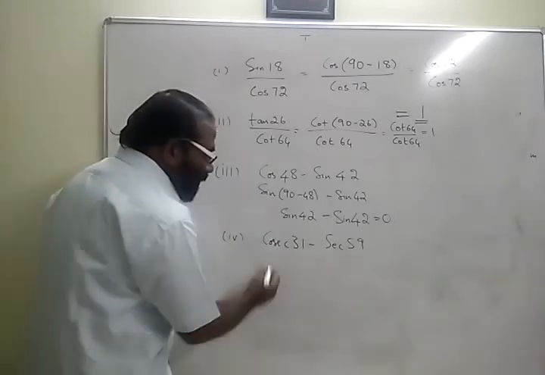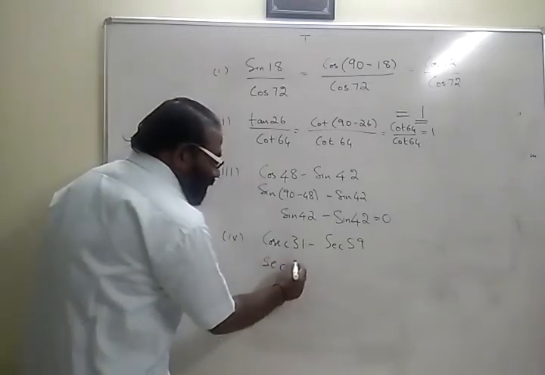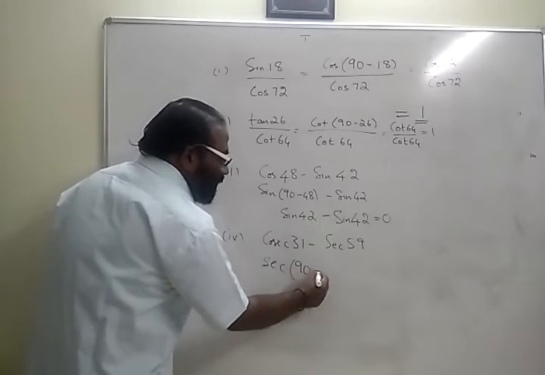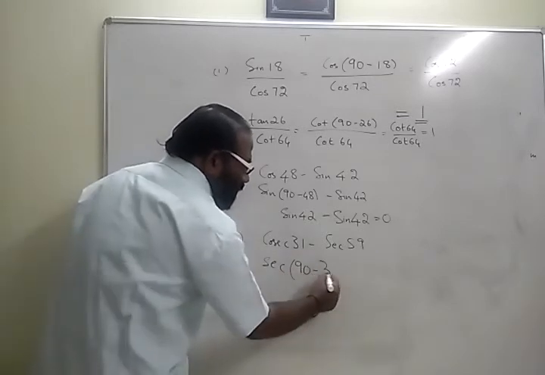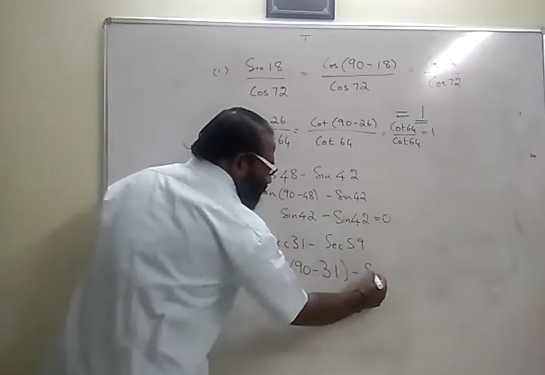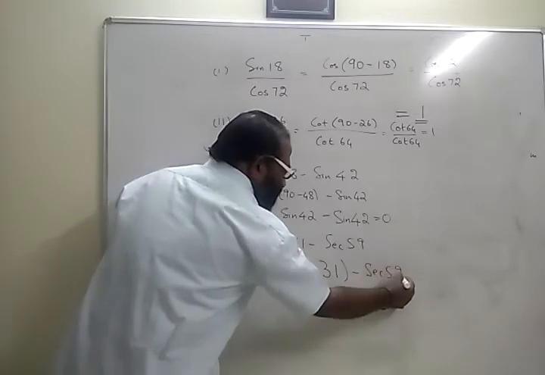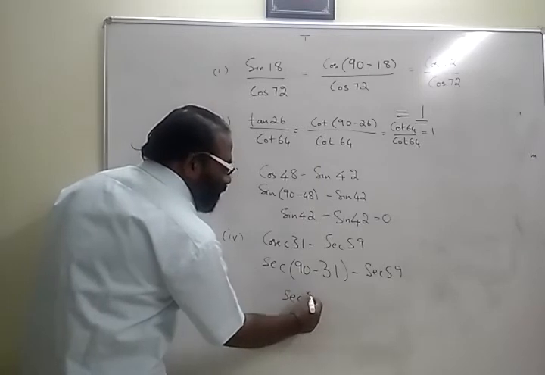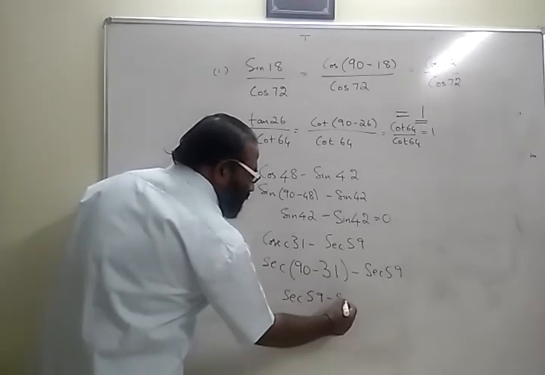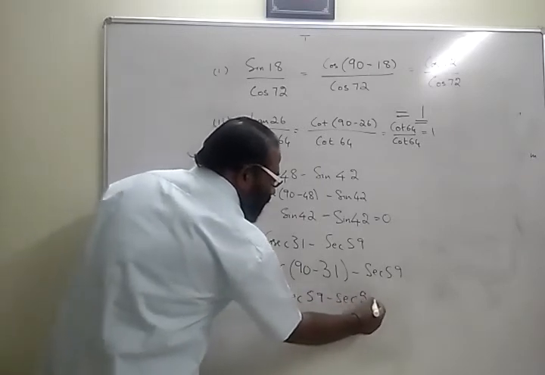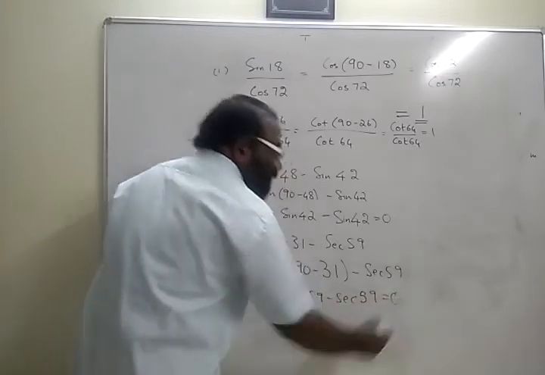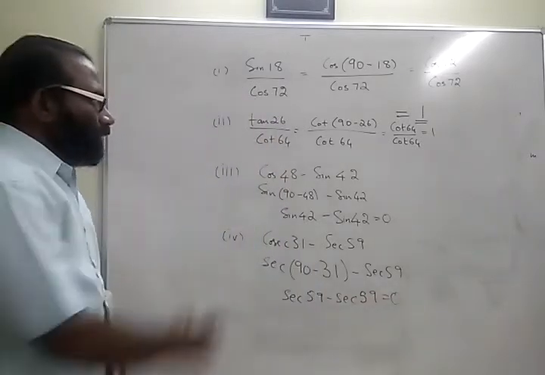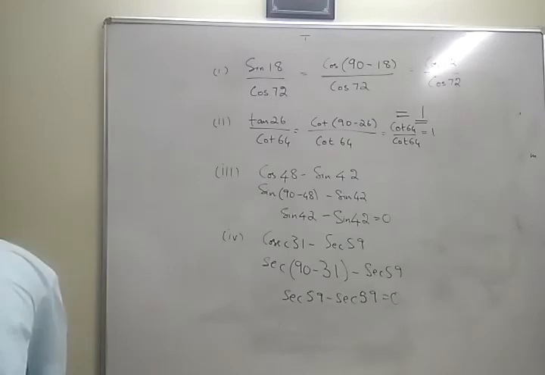Cosecant 31 is nothing but secant 90 minus 31 minus secant 59. 90 minus 31 is 59. So it is secant 59 minus secant 59, which is equal to 0. So this is the approach that we have used here.